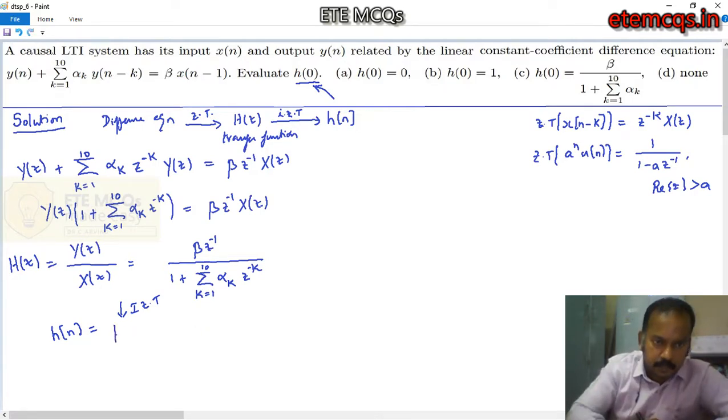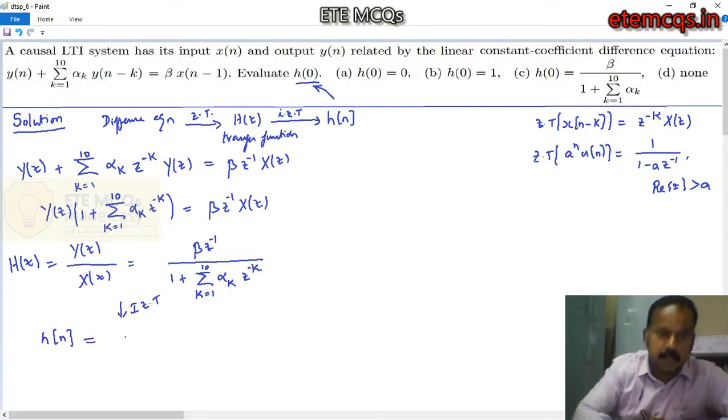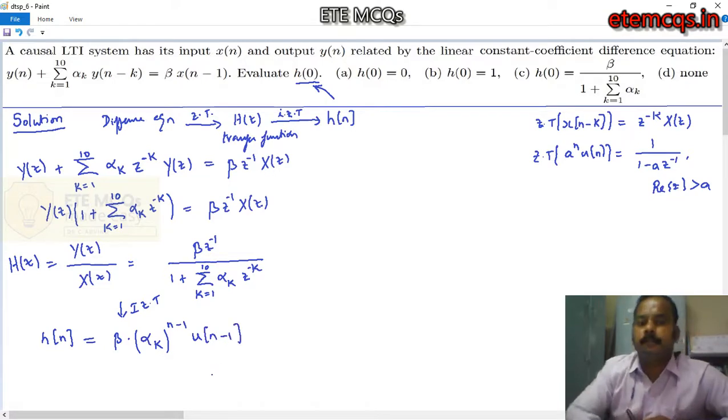Taking inverse Z transform, h of n is equal to beta, a constant, times z inverse divided by 1 plus summation k is equal to 1 to 10 alpha k z power minus k, whose inverse is going to be alpha k the whole power n minus 1 into u of n minus 1. For 10 terms you will have 10 different poles, but in all the cases you will have u of n minus 1.